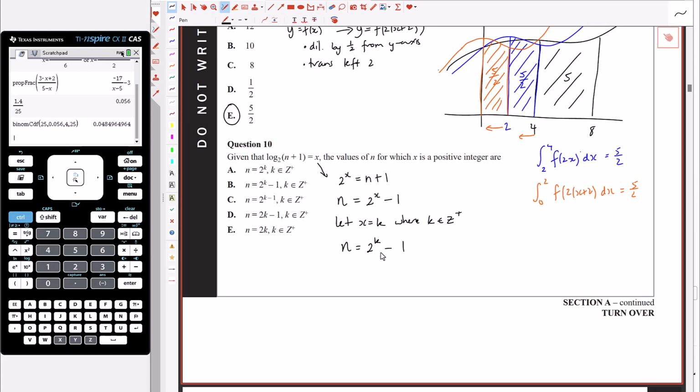And so obviously if k is a positive integer, then 2 to the power of a positive integer is still a positive integer, and subtracting 1 gives us a positive integer. So these n values will all be positive integers, but yeah, I don't actually think we need to do anything more than that other than to solve for n and say that x has to be a positive integer, which is what this bit here is essentially doing. Okay, so yeah, it's just going to be B, question 10.